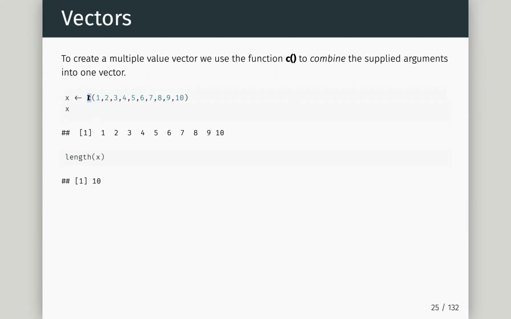I pass them to this combine function, and it combines them in the order that we put them in. It's now going to create a length 10 vector containing these values. So anytime I want to combine two vectors or series of values together, I can use this c function to produce my array of values.